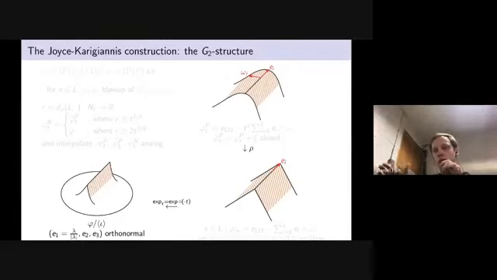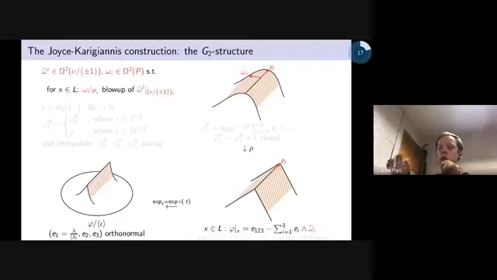So once you have chosen your E1, E2, E3, you can do the following. If you're at some point x in L, you can write your phi at x as E1 to 3 minus the sum over E_i wedge omega_i hat, for some two forms omega_i hat. This is because L is associative, and this resembles the product structure from the first slide.